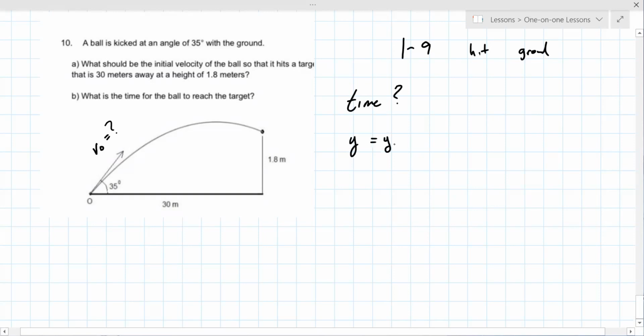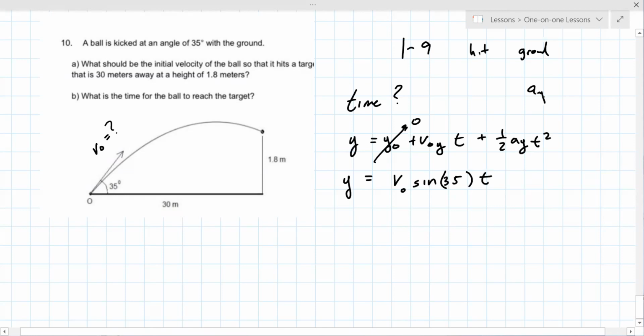y equals y naught plus v naught y times t plus 1/2 acceleration in the y direction times time squared. It is starting out at 0. The initial velocity, though, we don't know. It's v0 sine 35 degrees times time.